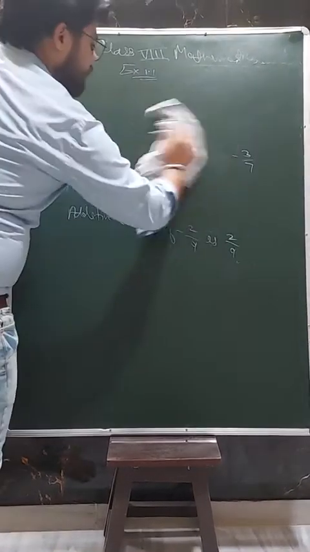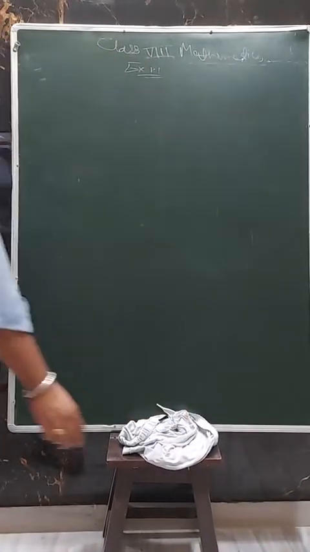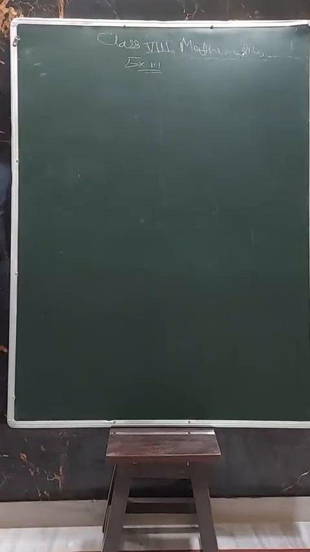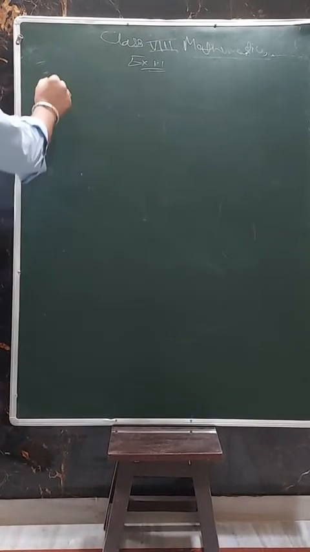Now question number second. Second I will do. Question number second is: name the property used in each of the following.